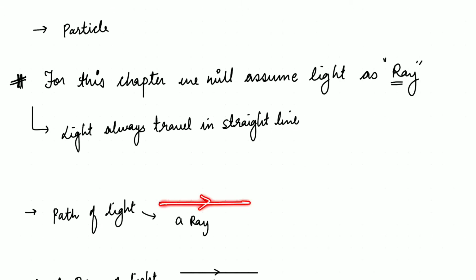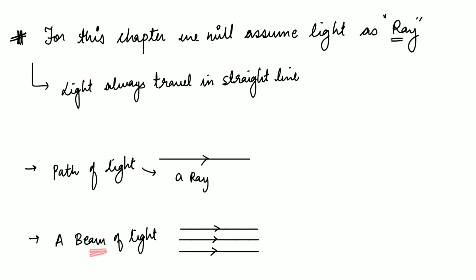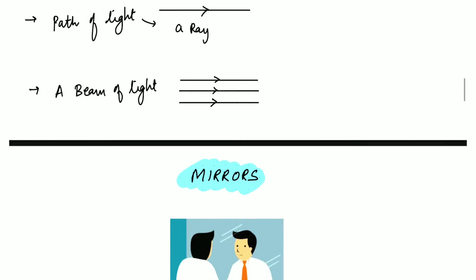This is a ray, a single line with an arrow sign, right? A beam of light will be a combination of rays, right? So this is your first ray, second ray and third ray. A combination of all these rays is what you call your beam of light. So you can simply say a combination of two or more rays is what you call a beam of light. Clear? All right, let's move forward.